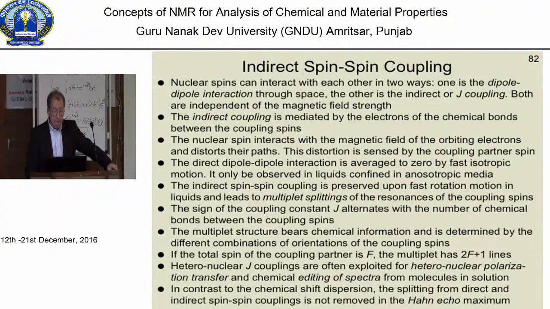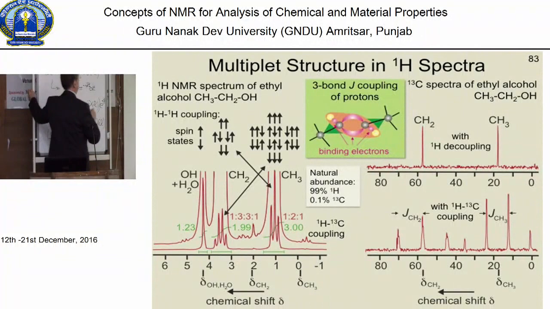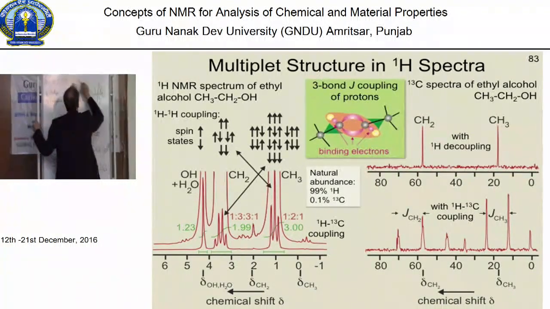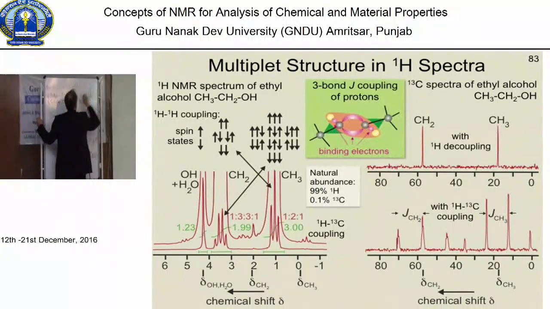Now, the picture on the coupling that we had before, I was asked to go through that again because it seems to be a little bit difficult to figure out how that splitting works. So if we take the ethanol spectrum, let me plot that again for you. It is basically the OH group, then we have the CH2 group, which gives us a quartet, and then the methyl group.